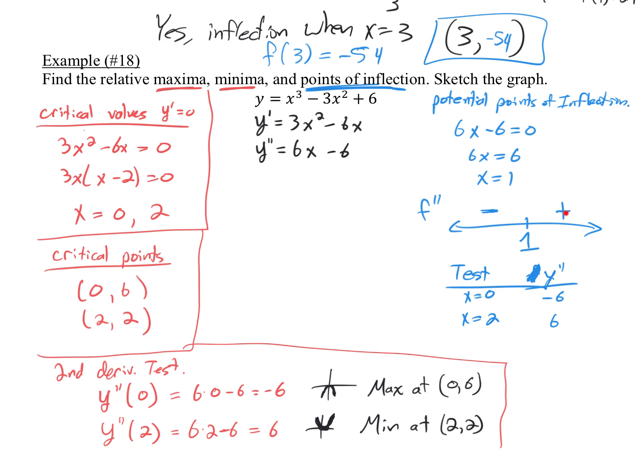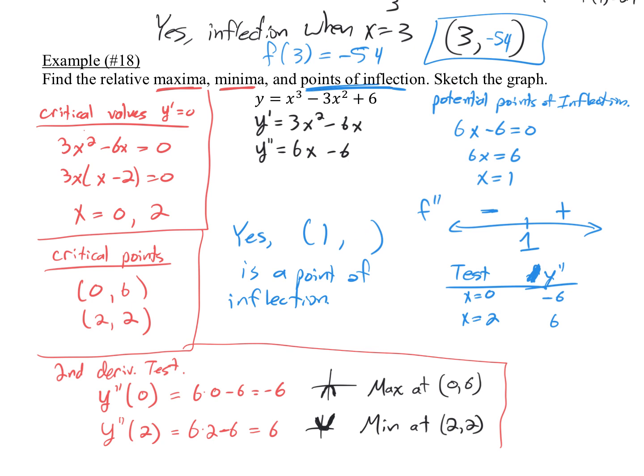Okay, what does this tell us? If your second derivative changes from negative to positive, or if it had been positive followed by a negative, as long as it changes, yes, this is a point of inflection. All right, so we can say yes, (1, something) is a point of inflection.